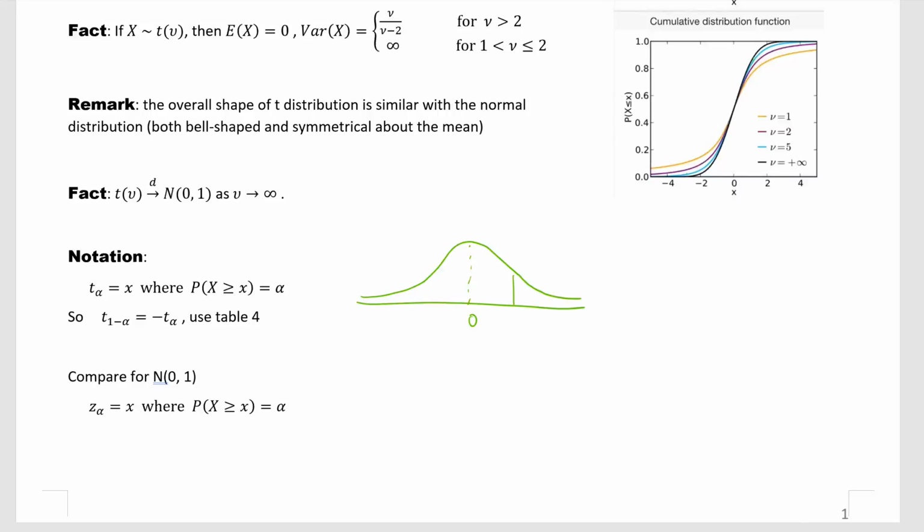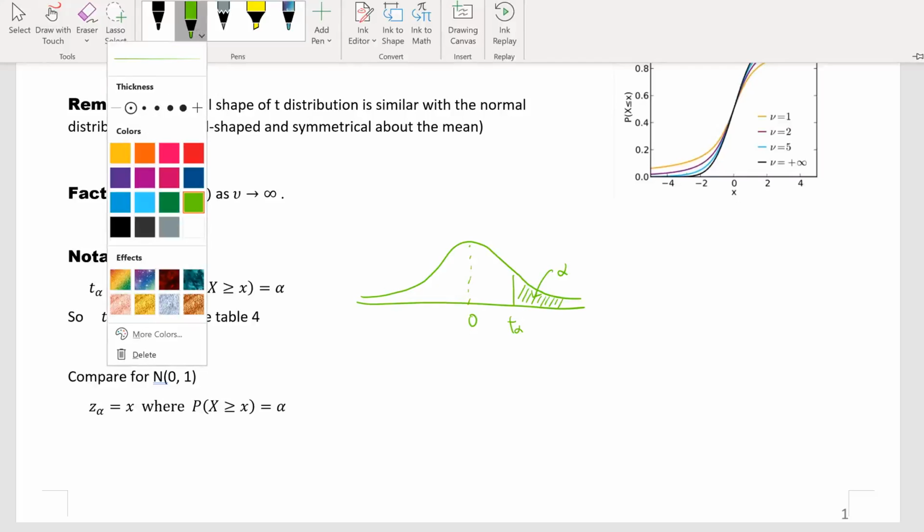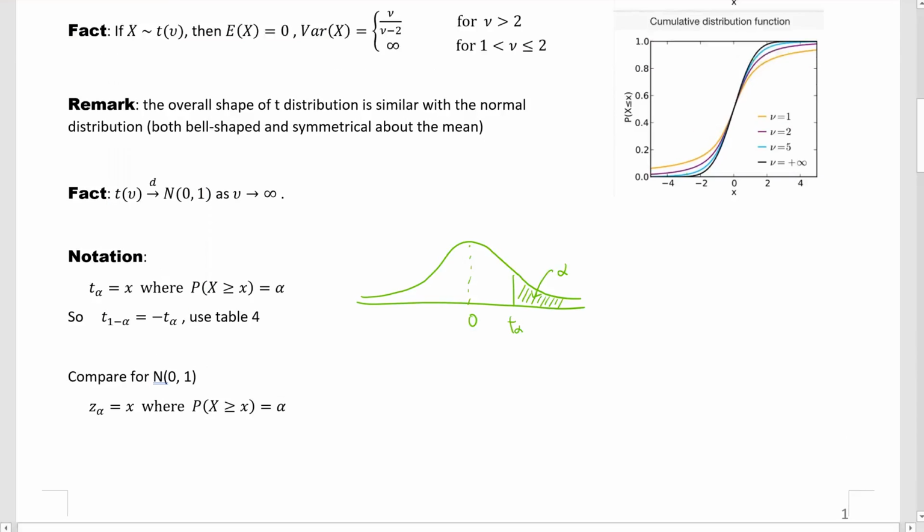T alpha is the x value such that the probability on the right-hand side of it is alpha. Then what's the probability on the left-hand side? Well, it is 1 minus alpha.